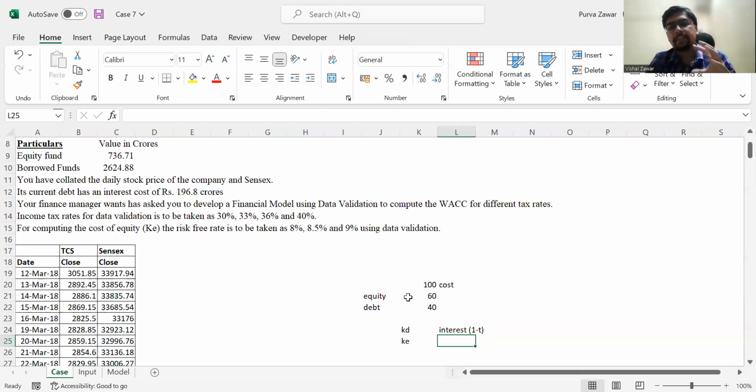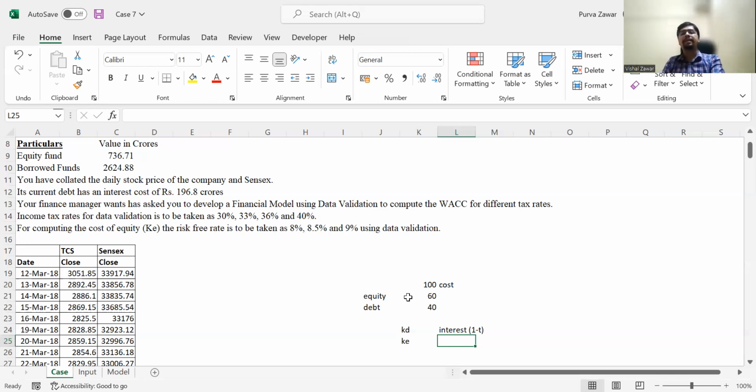If shareholders are expecting, say for example, 15% return, then ideally as a company, I have to give them 15% return, or else they will search for some other company, or I have to give them more than 15%. That is nothing but my cost, because for them it will be returns, for me it will be my cost.